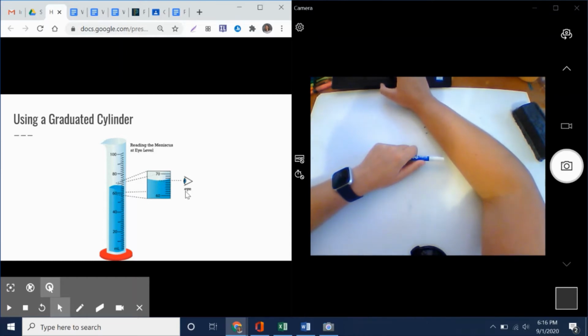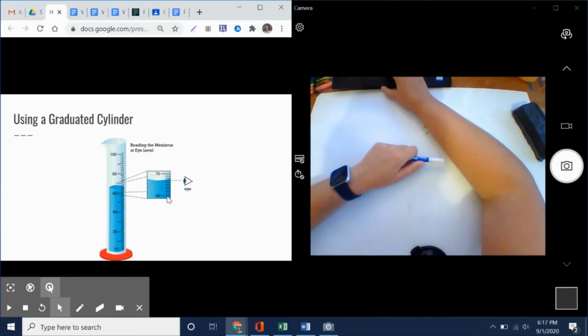And what we're going to do, like we said, is work from the bottom up. We see that we have a 60 milliliter marking here. We have a 70 milliliter marking up here. So we're definitely at 60, but we are not at 70. So what we can do is measure each little marking. If I'm going from 60 to 70 and there are 10 marks in between, each of these marks represents 1.